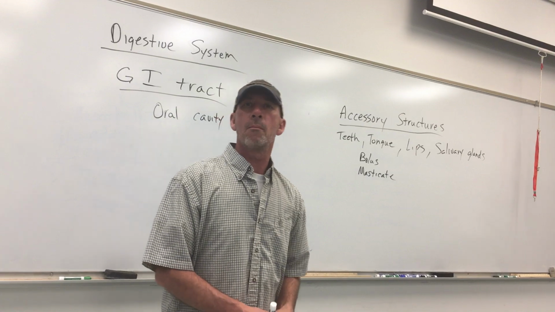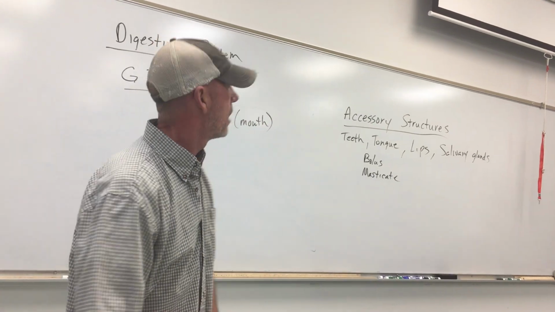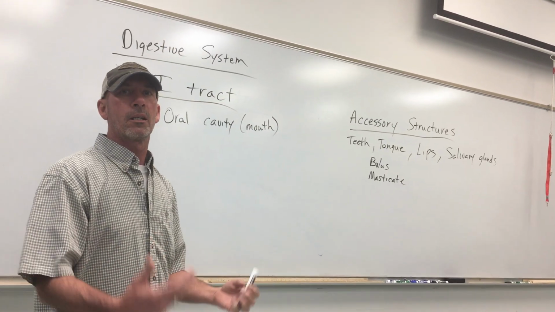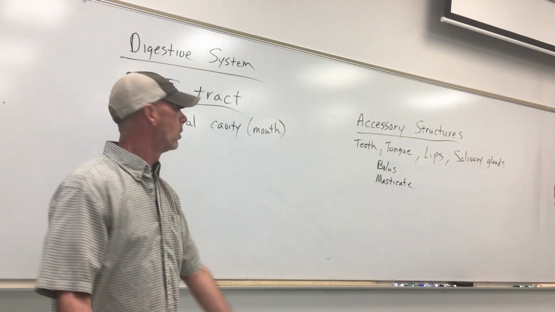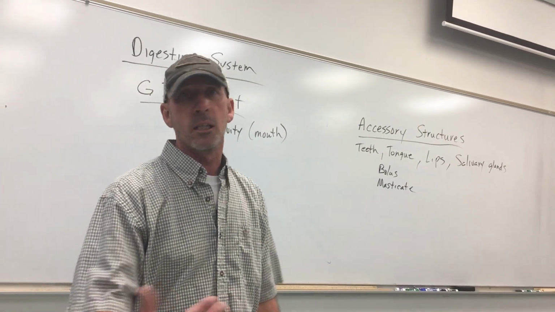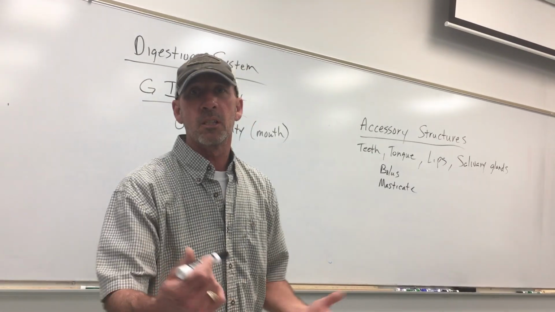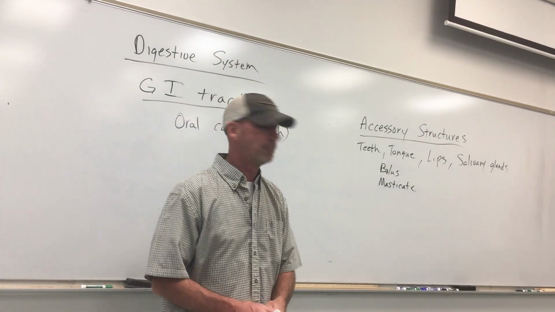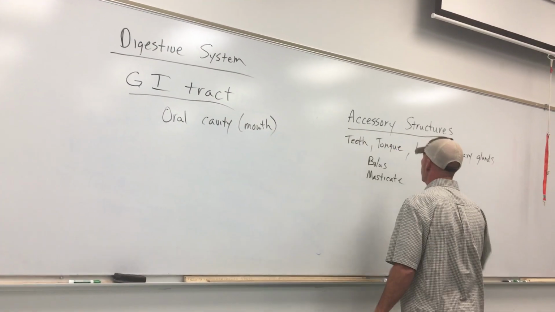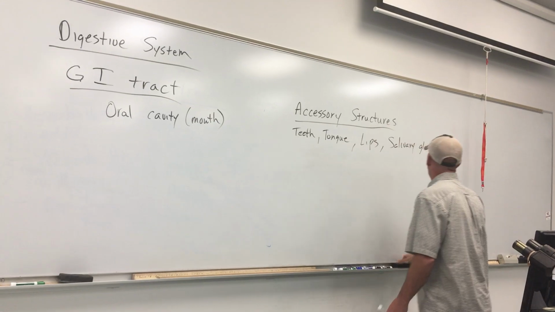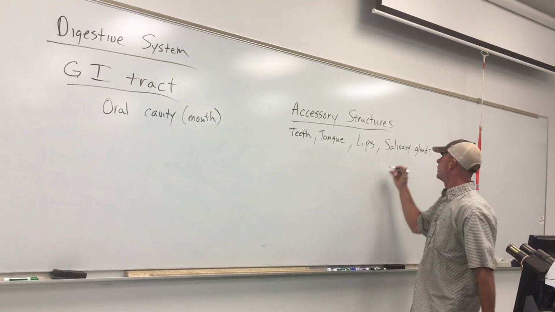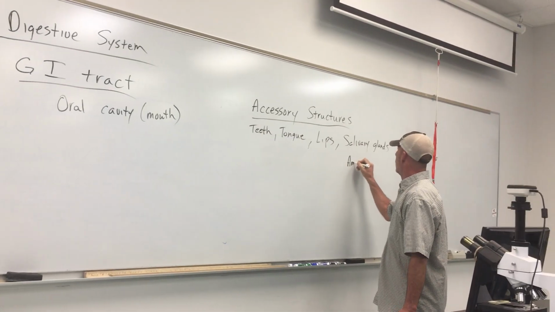Saliva is primarily water, 97 to 99% water. But it contains a lot of other materials, from mucus to proteins to enzymes. Enzymes like amylase. Amylase is one of the major enzymes that breaks down our carbs.